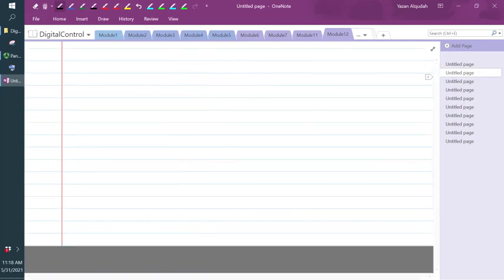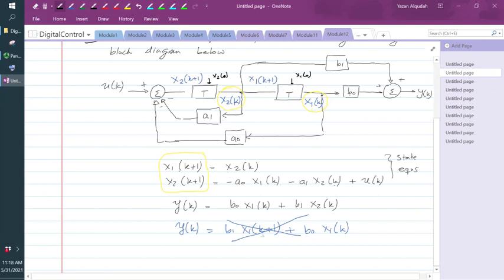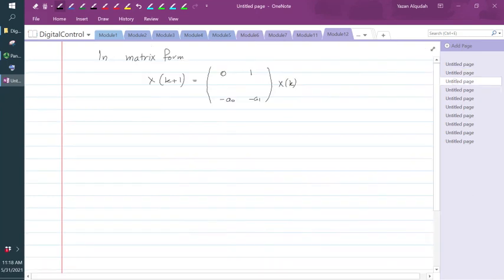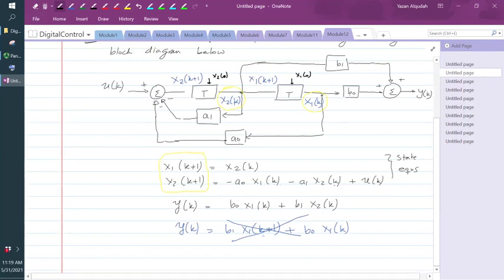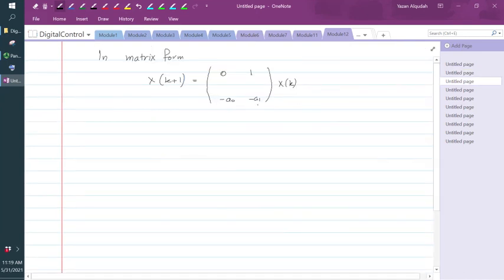And again, this follows directly from here. This x1 of k plus 1 is equal to 0 x1 plus 1 multiplied by x2, and this is what I got. x2 of k plus 1 is negative a0 x1, negative a1 x2 plus u of k, so plus [0; 1] multiplied by u of k.